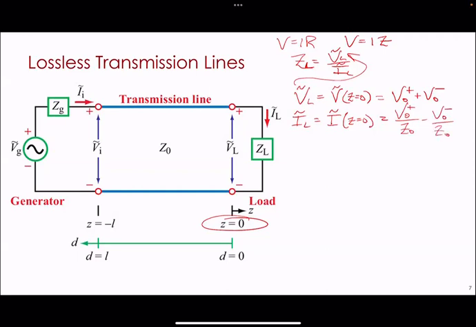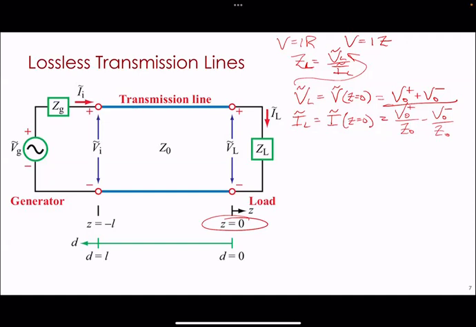Okay, so that's good. What is our ZL? Well, it's the ratio of those, so we would divide those. VL over IL is this one over that one. Now they don't cancel out, because we've got a plus up here and a minus down there.